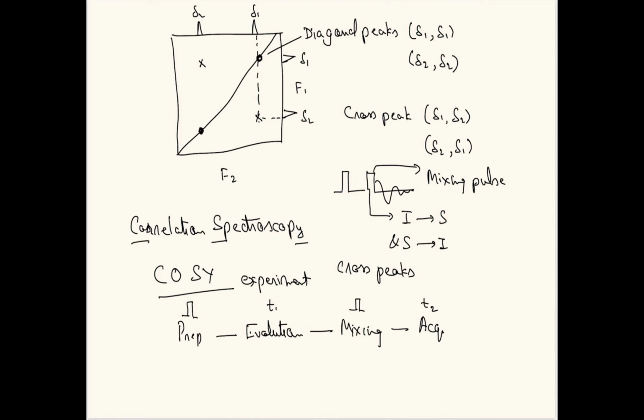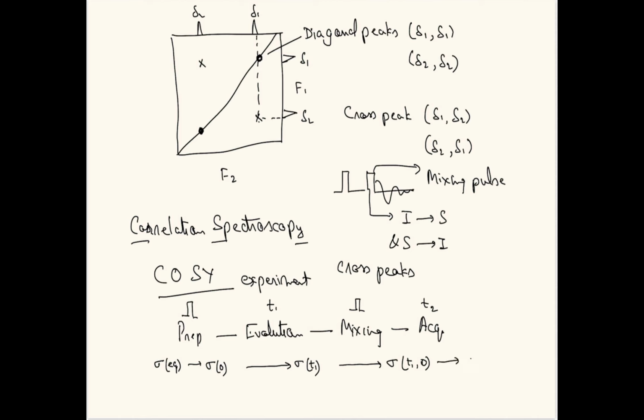Or in other words, before preparation we had the density operator sigma eq, which gets converted into, let's say, sigma 0. Then during t1, sigma 0 gets frequency labeling, so sigma of t1. The density operator is now a function of t1, and during mixing, it also evolves with respect to other frequencies, but it is not frequency labeled, so that's why I'm writing it as 0.